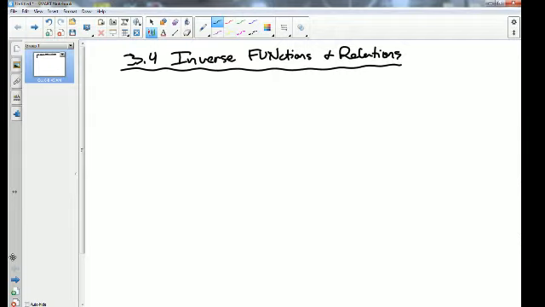Lots of ways to do this. Let's start easy. If I give you some function in a table, the question is, for this function, what would the inverse function be?